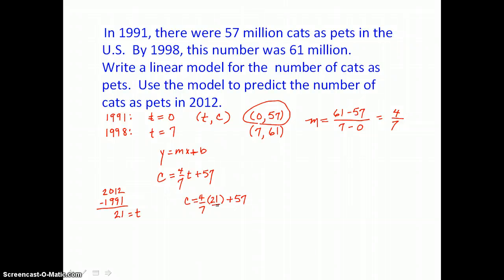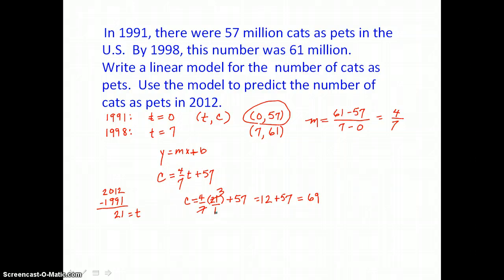So of course I'm going to have to multiply before I add. 7 is going to cancel top and bottom. So I'm left with 4 times 3, or 12, plus 57. And 12 plus 57 is 69.